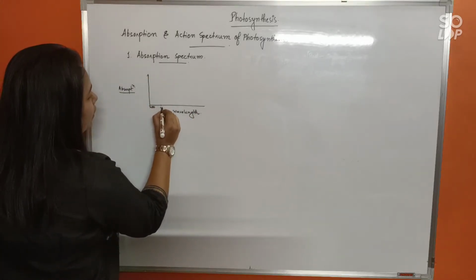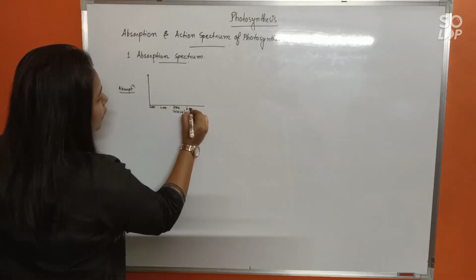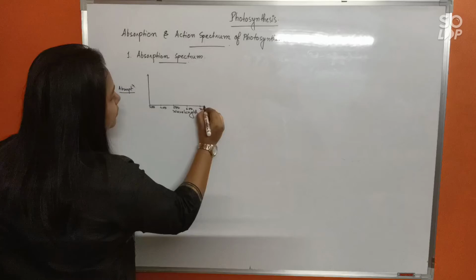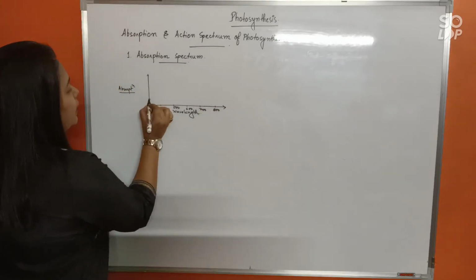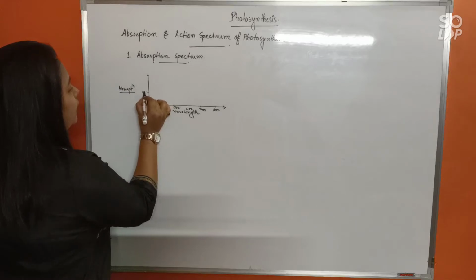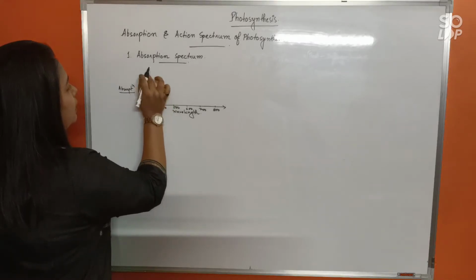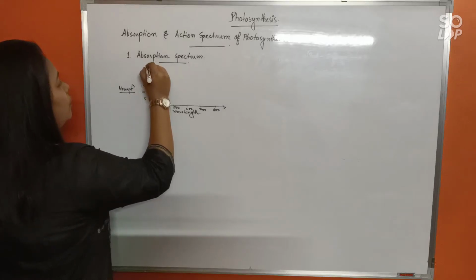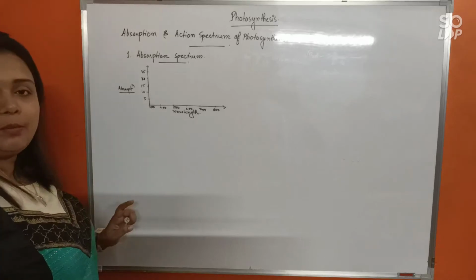300, 400, 500, likewise. Here 5, 10, 15, 20, the amount of absorption that can happen, likewise absorption.